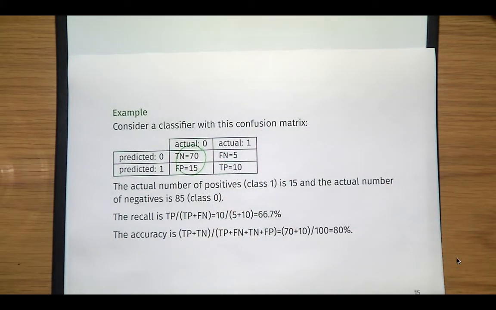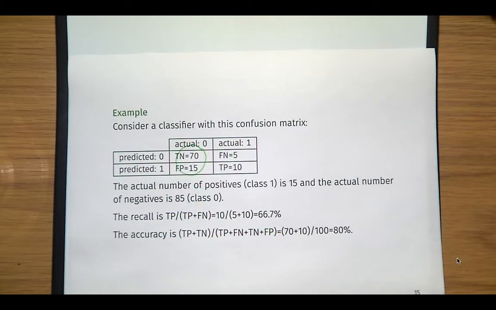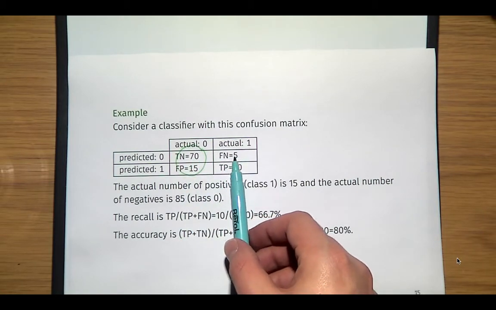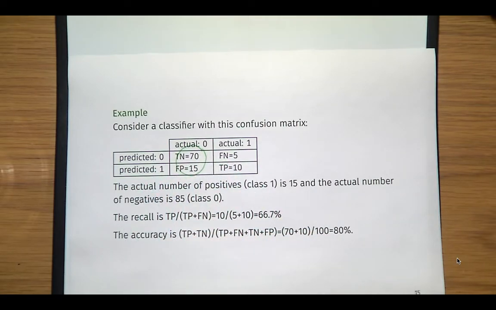Okay? So you just add up these two numbers, you know the number of elements you have in that class. And the same, if you add 70 plus 5, you have the number of elements that have been predicted as 0. Okay, so the sum along the columns is the number of actual elements in your class, and the summation along the rows is the number of observations you predict as being of a certain class.